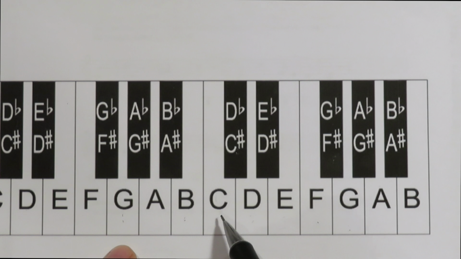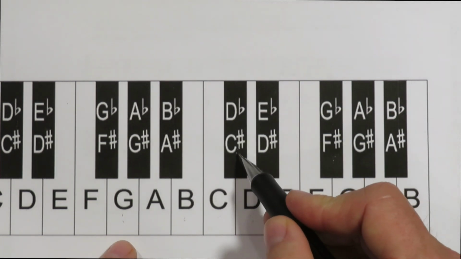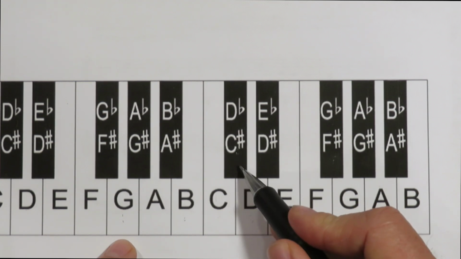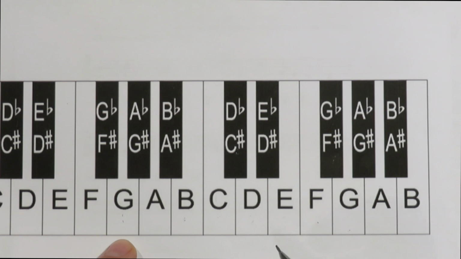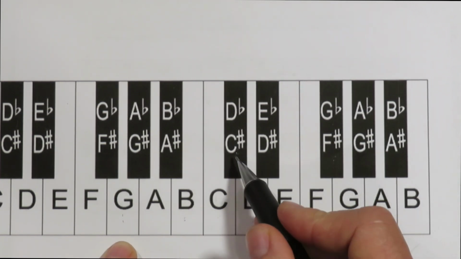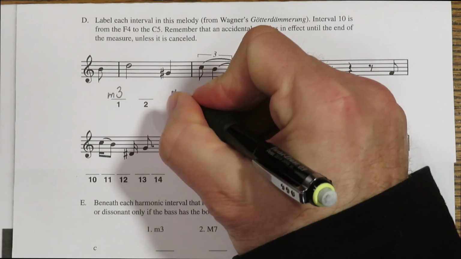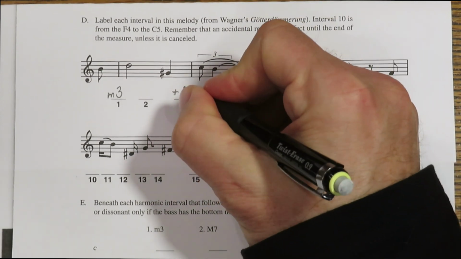So G to C sharp, it's gotten larger, right? So it'd be an augmented fourth. Another tritone. Whole, whole, whole. So we'll put a plus 4 there.